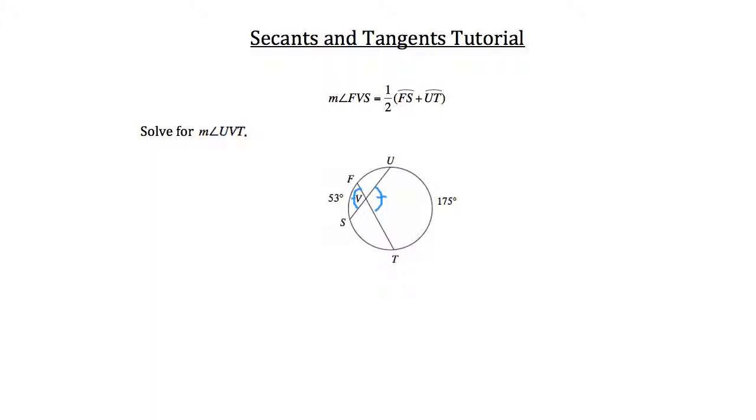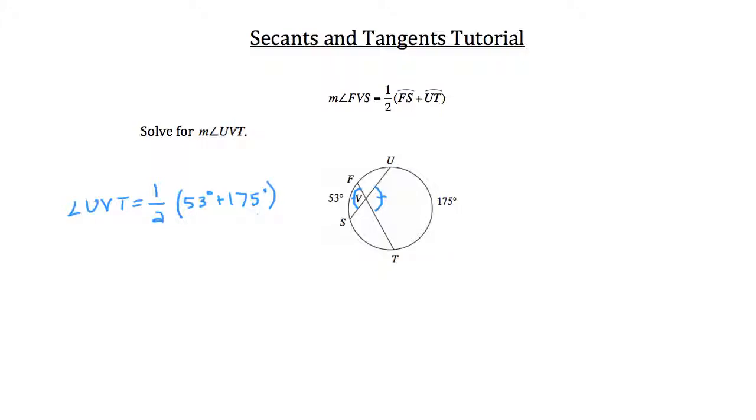We know that measure angle UVT is congruent to FVS, so we'll just plug it back in for FVS in this formula. So angle UVT is equal to 1/2 of arc FS, which is 53 degrees, plus arc UT, which is 175 degrees.